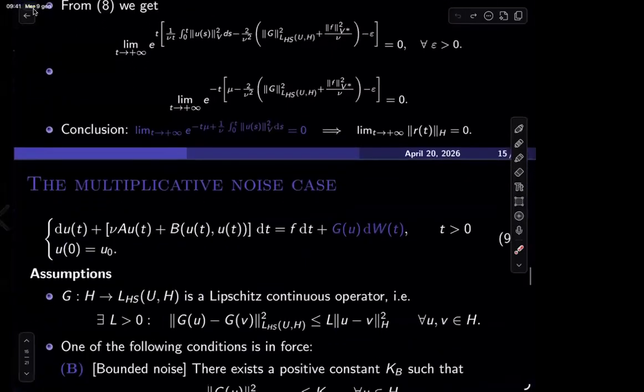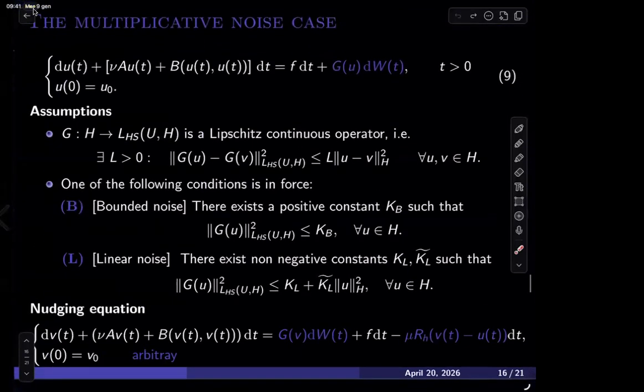When you consider the multiplicative noise, things are more delicate, since when you consider the difference, the noise does not disappear. So in this case, the analysis is more involved, and you have to consider estimates in expectation. So this is what we have done in the paper.